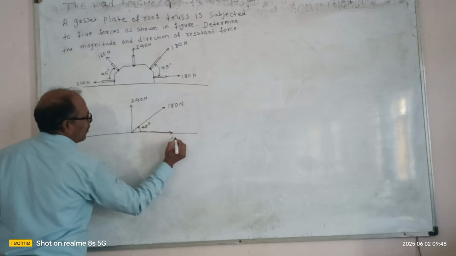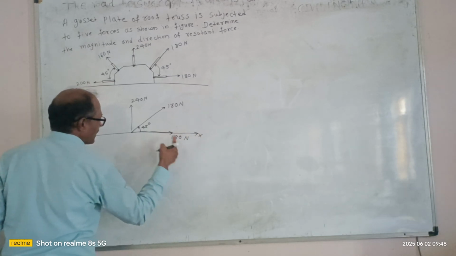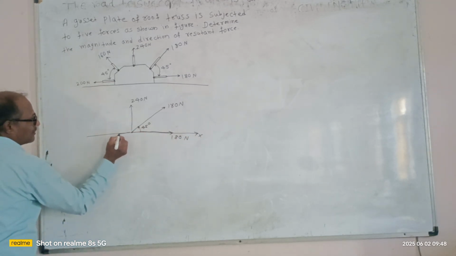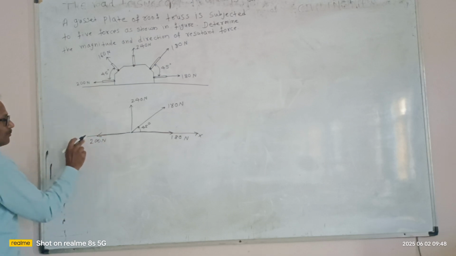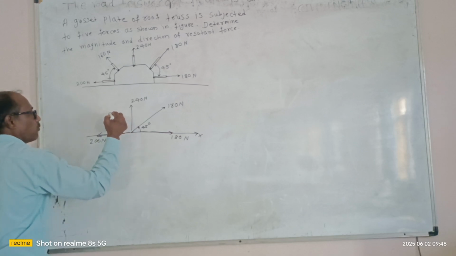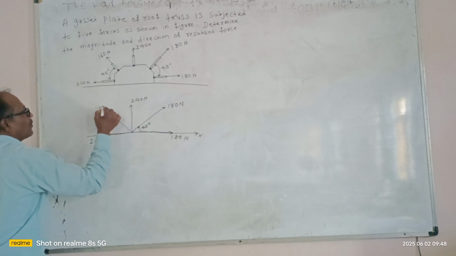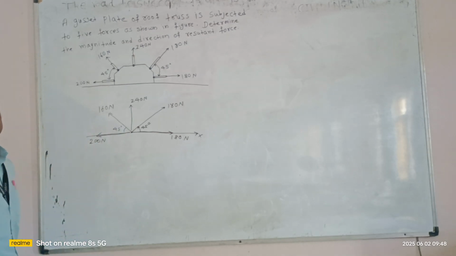This horizontal force, or x-axis force, 180 Newton. This is a 200 Newton force. It's also in the x-axis but the negative x-axis. And this last force, 160 Newton, also makes an angle of 45 degrees with the x-axis.